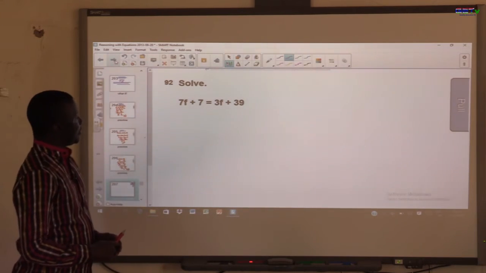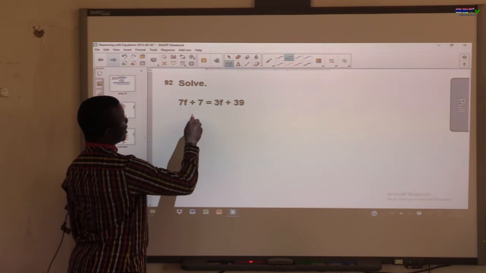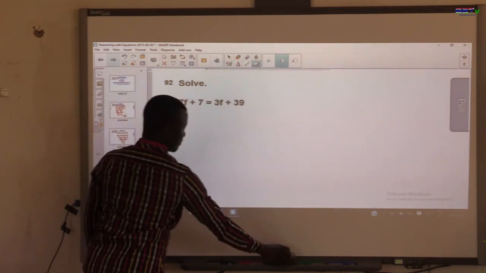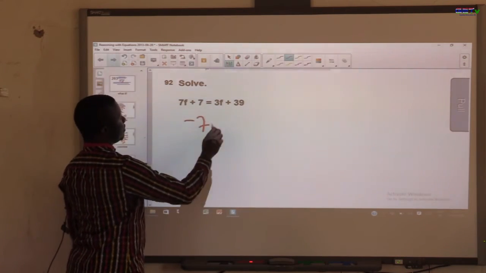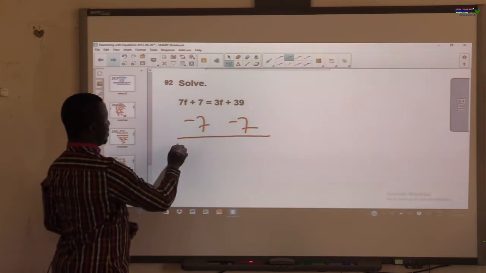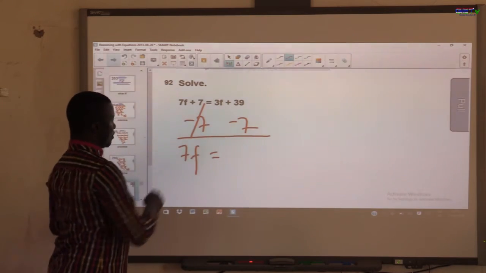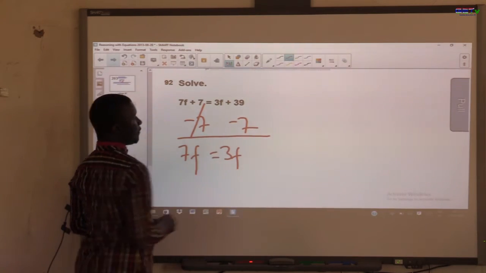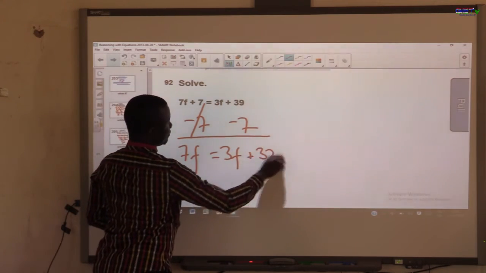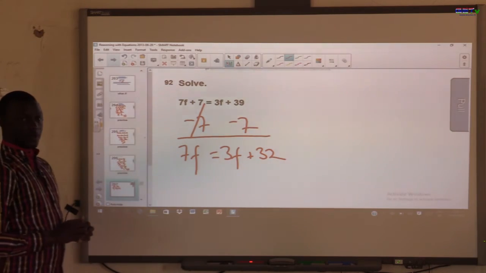Let's go on by first undoing our 7 by subtracting 7 from both sides. This will leave us with 7f is equal to 7 minus 7, which is 0, 3f, and 39 minus 7 is 32. And now we have 7f equals 3f plus 32.